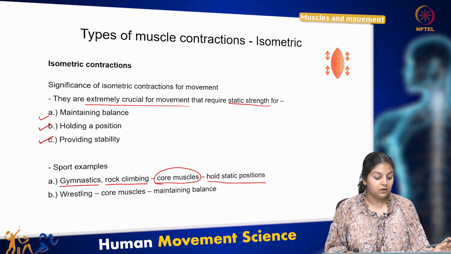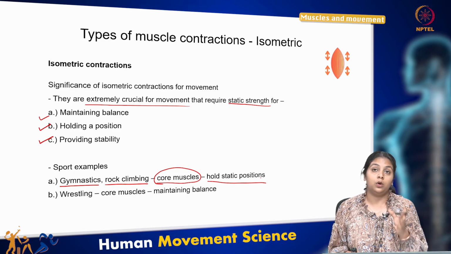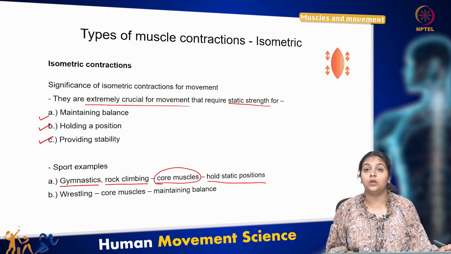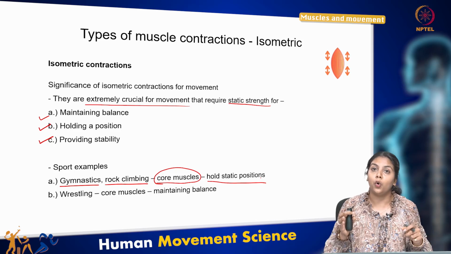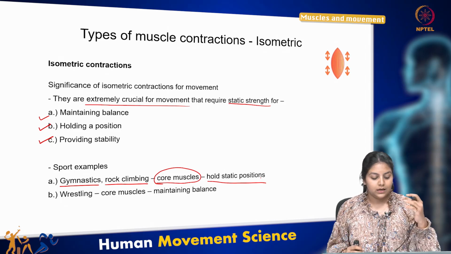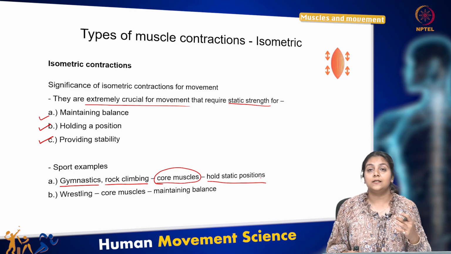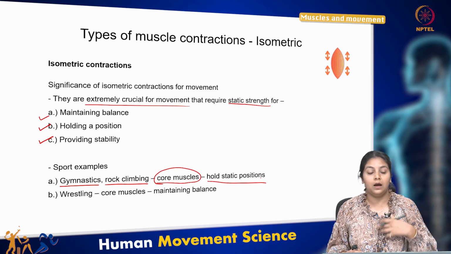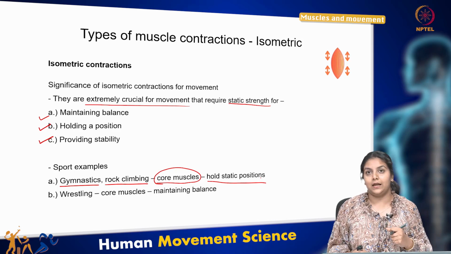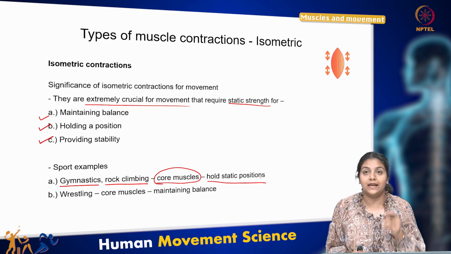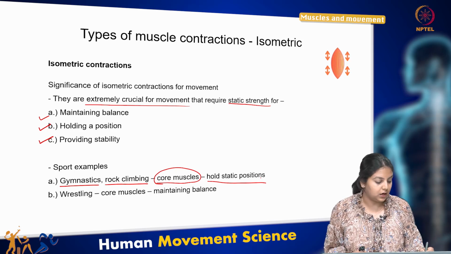As you must be aware, when you are rock climbing, you need to have extremely strong core muscles for good holds when you are going on to the next move. Or in gymnastics, when you are performing a routine or holding a position from a parallel bar and a flip, when you land, you need to hold a static position. So the core muscles are extremely important in that scenario.